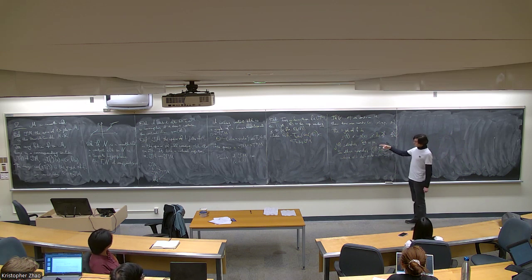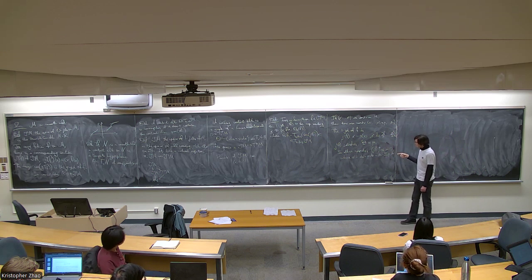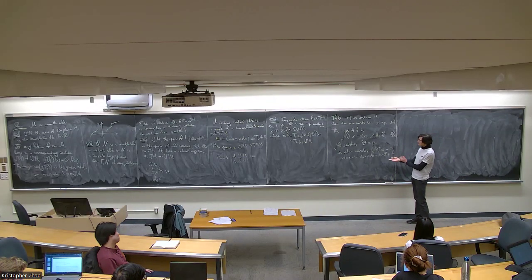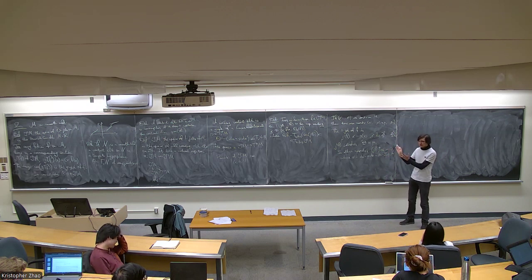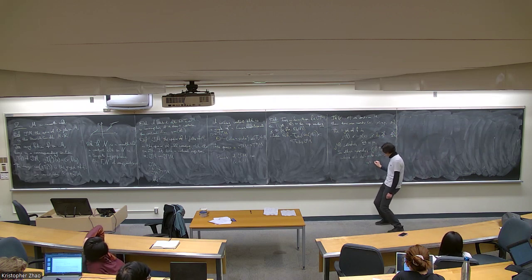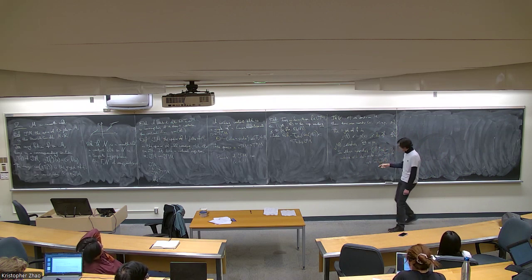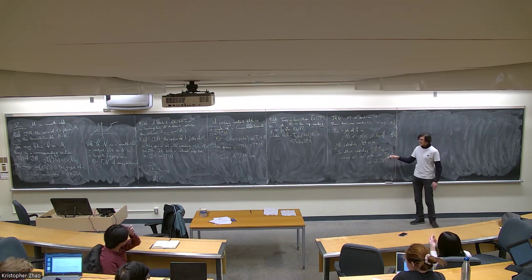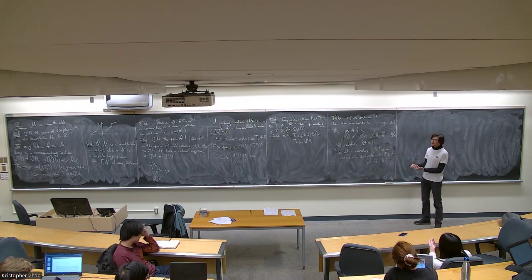Now what I want to say is, even this condition is phrased in terms of coordinates, right? So you might wonder what happens if we change the coordinates. This one form alpha is only defined on a certain coordinate patch of J1 of M, right? Alpha is a one form on the total space, but only locally. So the question is whether, if you change coordinates, it will glue or not.